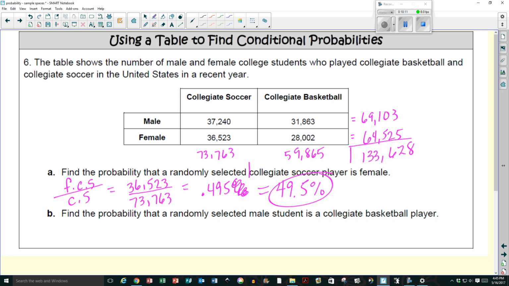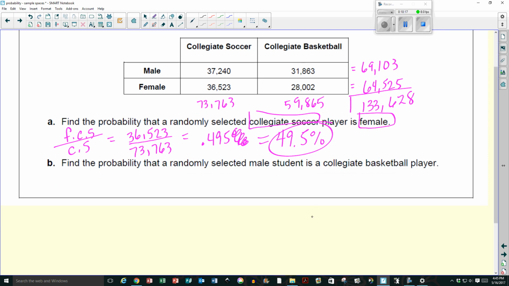So we want collegiate soccer female. So our next one, find the probability that I randomly selected male. So now we want to choose from the male players, but we want him to be a collegiate basketball player.